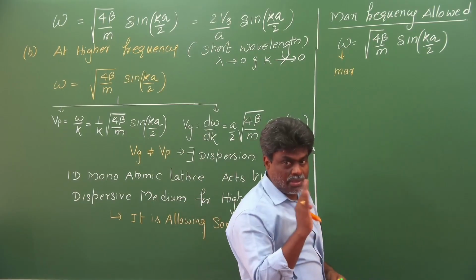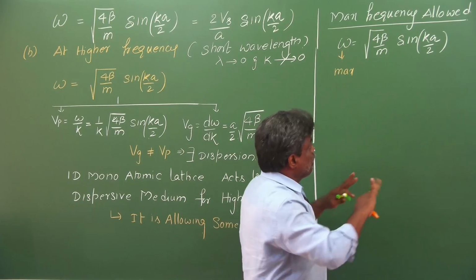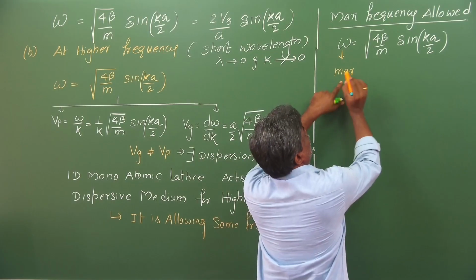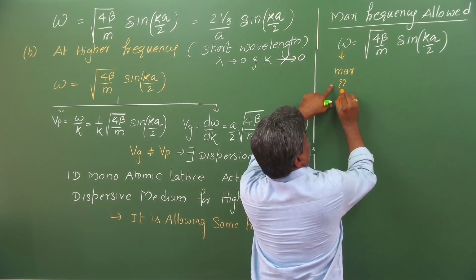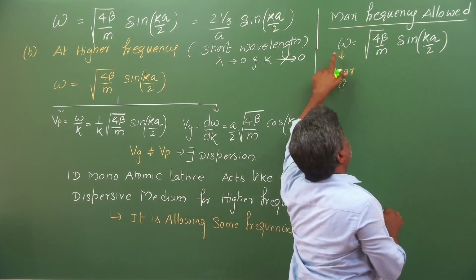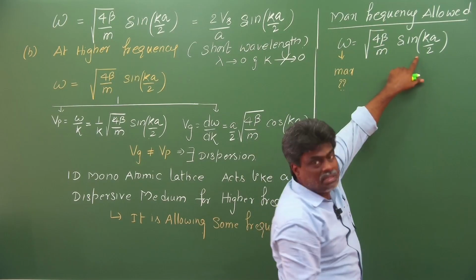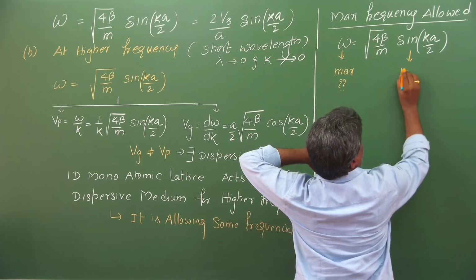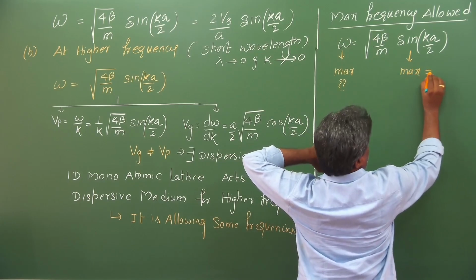So it is allowing certain frequencies, no doubt. But what is the maximum possible frequency? That is what we are finding. Omega max you want, and this is a constant. Whether it is maximum or minimum depends upon the sine value. Can you please tell me the maximum value of sine? 1.